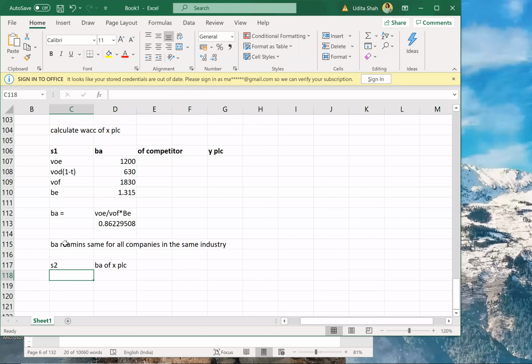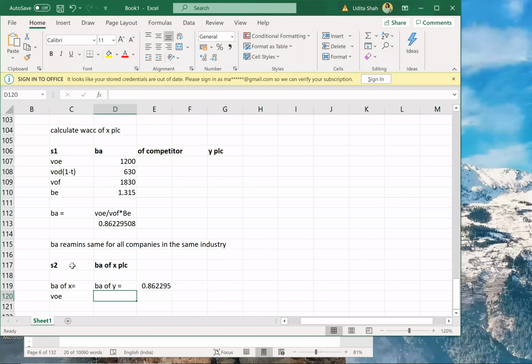Due to this line, beta of asset we already know now. So beta of asset of X will be equal to beta of asset of Y, that is equal to 0.862. Correct? That remains the same.